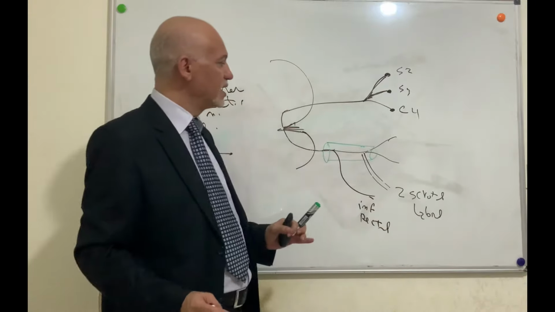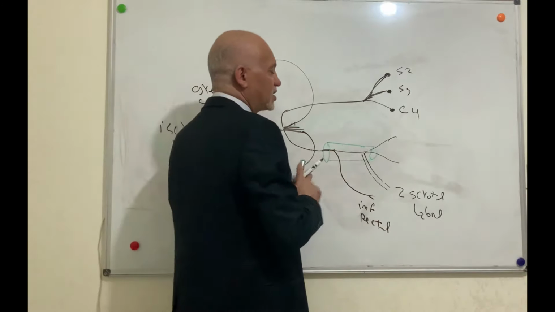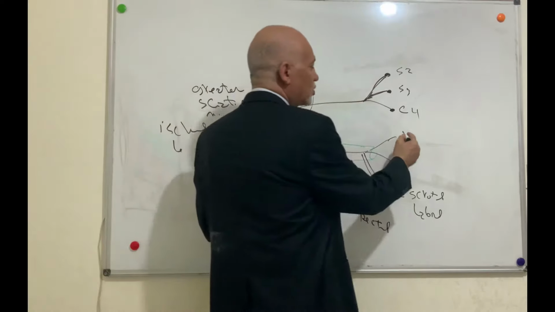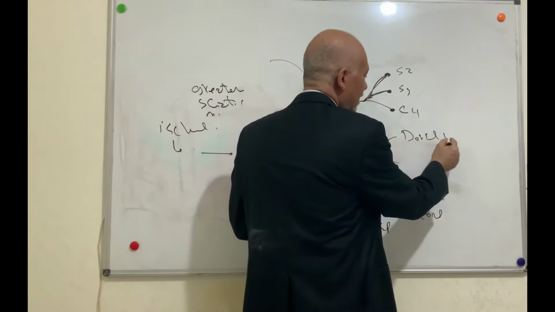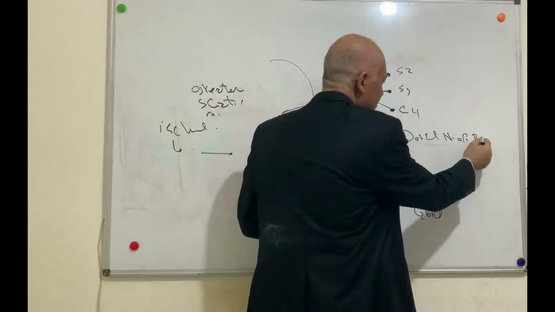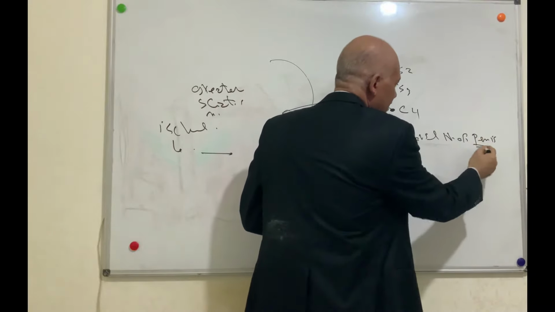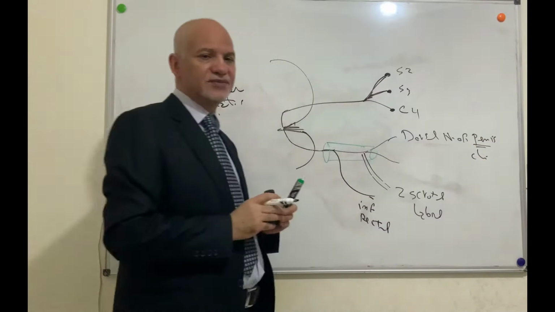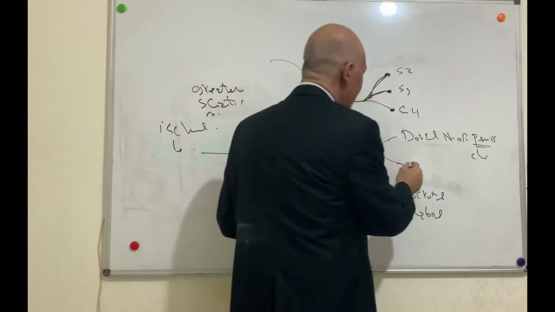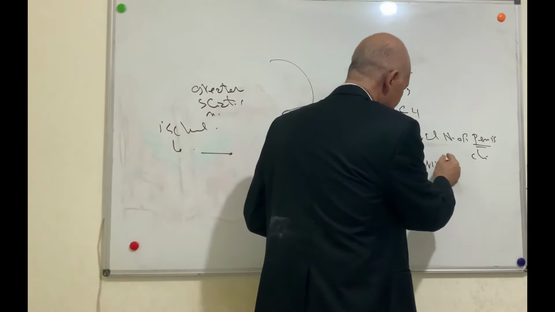Then it gives two terminal branches: the dorsal nerve of the penis, in female the dorsal nerve of the clitoris, and the perineal nerve.